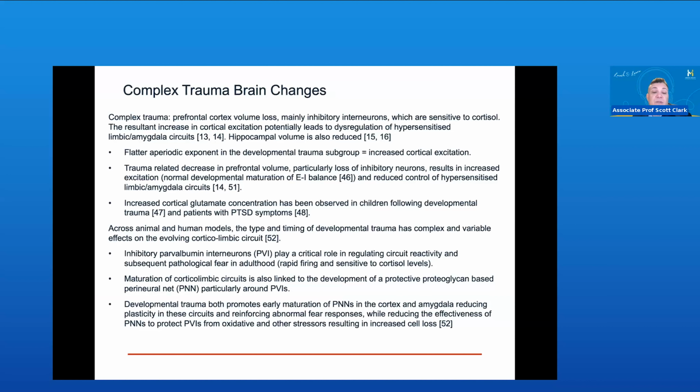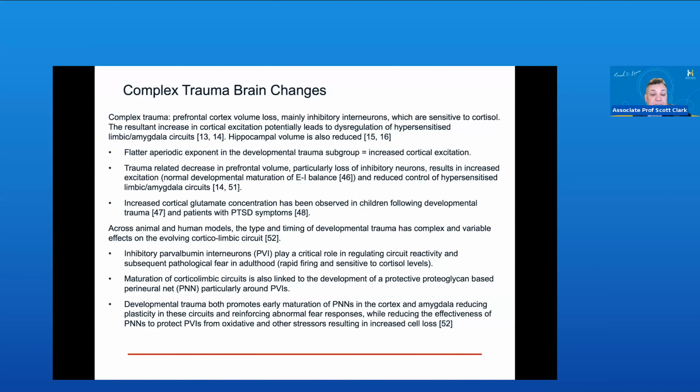It may be associated with increased cortical glutamate, increased excitation that we can see in children following developmental trauma. And I guess what it represents is an insult, a change in the normal development of cortical limbic circuits that regulate emotion and regulate stress.